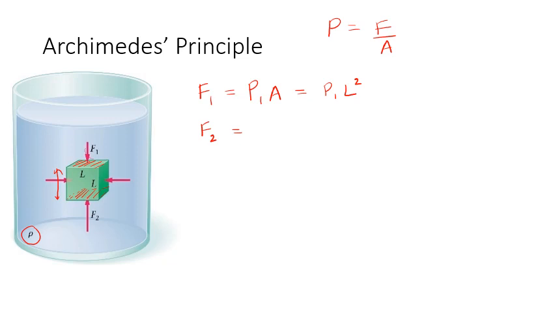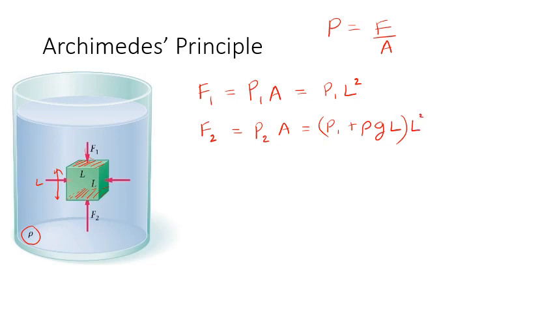If I write the expression P2 times area, the P2 value depends on the P1 pressure plus the height, let's say this part is L, so the total pressure adds up to P1 plus rho G L, multiplied by the area, again L squared.